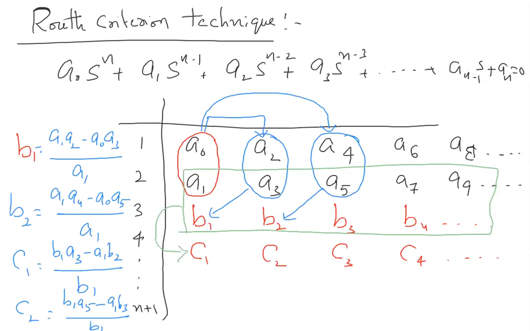Can you just try one problem using this procedure? S cubed plus 5s squared plus 6s plus 1 equals 0. Can you fill the Routh criterion table for this one? So I'm just showing the previous table.